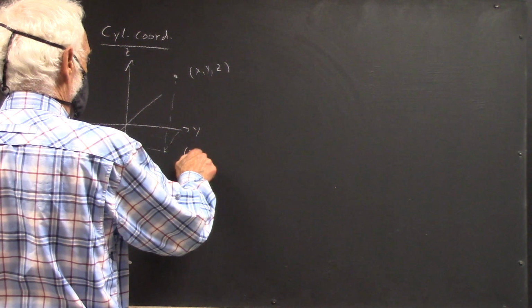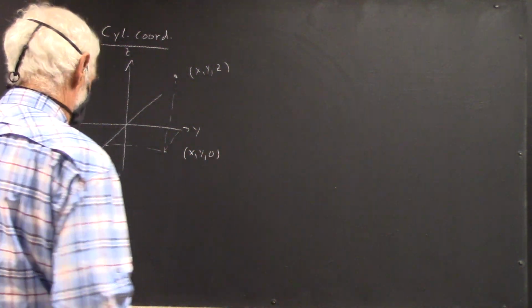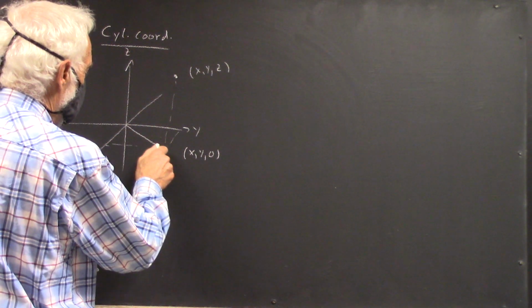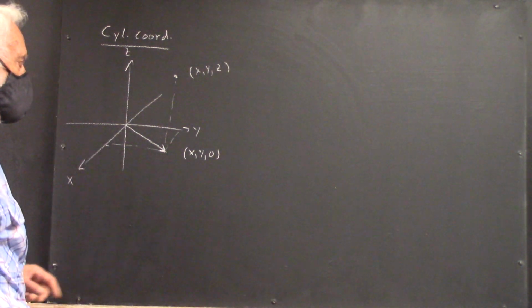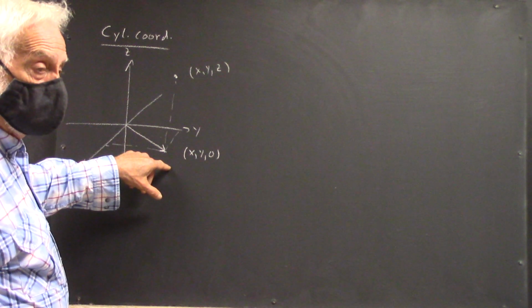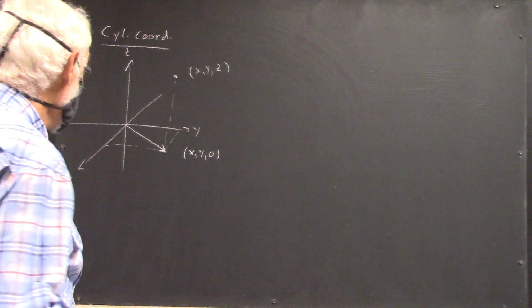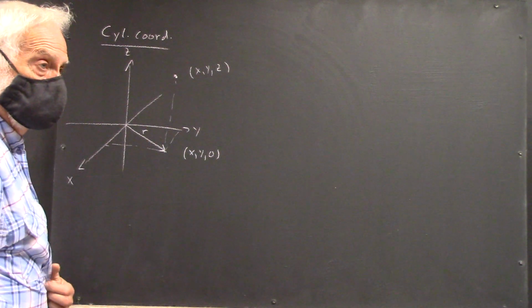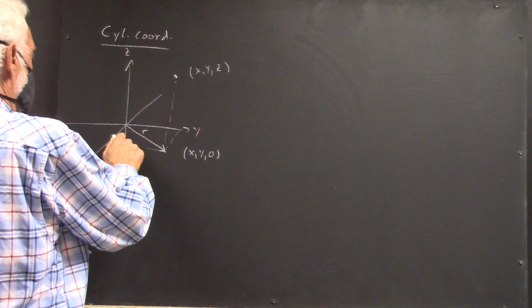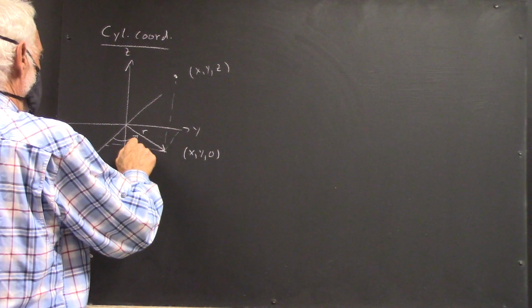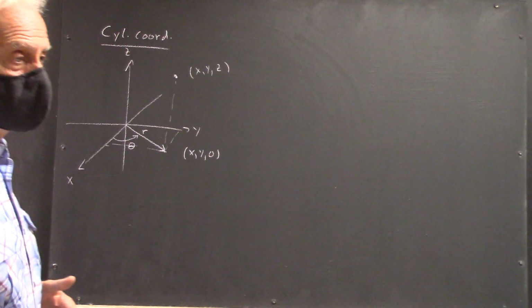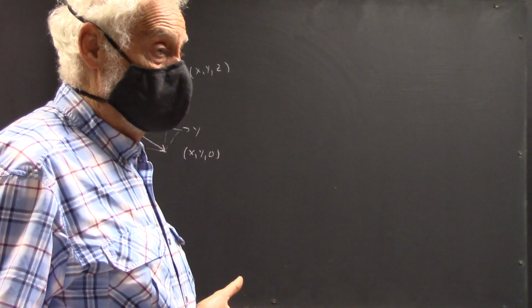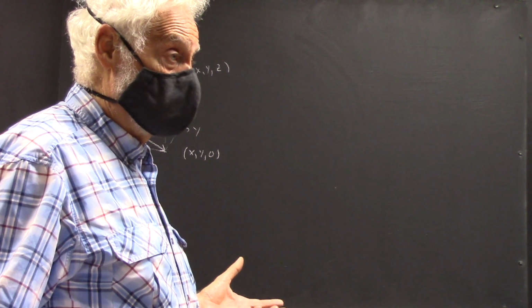So that's important. Okay, so here's x, y, 0. So here is the vector from the origin to x, y, 0. You're in the xy plane. So this coordinate is r. And this angle is theta. Is that easy to understand? I hope that's totally obvious. Okay?